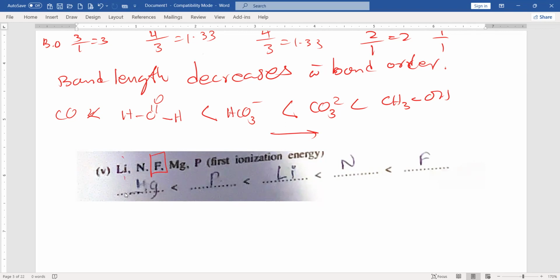Why? The first ionization energy varies like this: second group, third group, fourth group, fifth group, sixth group, seventh group, 8. Right. Then next period, you will have the same pattern, but with less energy.